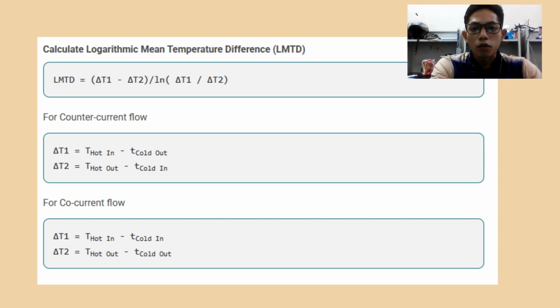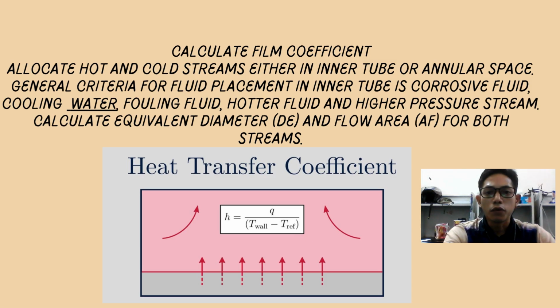For co-current flow, temperature difference ΔT1 equals T hot in minus T cold in. Temperature difference ΔT2 equals T hot out minus T cold out. Calculate film coefficients. Allocate hot and cold streams either in the inner tube or annular space.